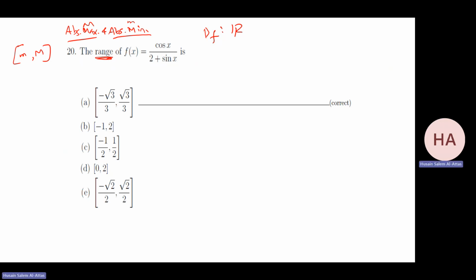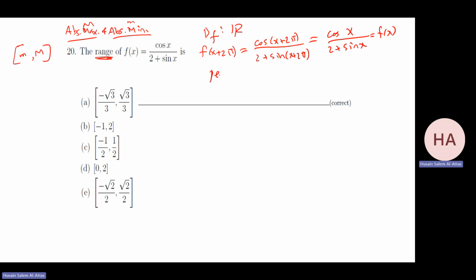Now I notice also, what is the y-intercept? Or before that, the function is a periodic function. So I notice f of x plus 2 pi will be what? Cosine of x plus 2 pi over 2 plus sine of x plus 2 pi. That will be cosine x over 2 plus sine x, which is f of x.